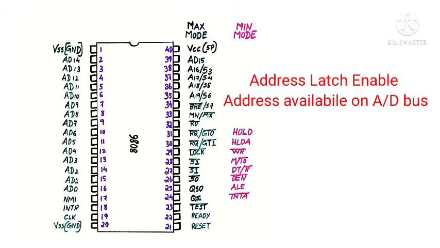We know that we are using a multiplexed address and data bus, so at a time it can transmit either address or data. This address latch enable signal is used to differentiate whether it is transferring address or data. When the value of the ALE signal is high, that indicates that address is transferring through the bus. If the value is low, it means that data is transferring through the bus.